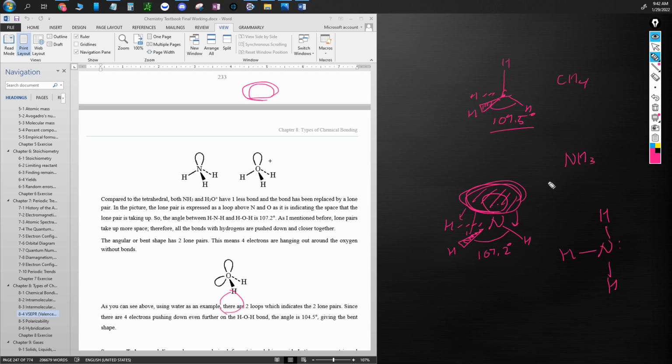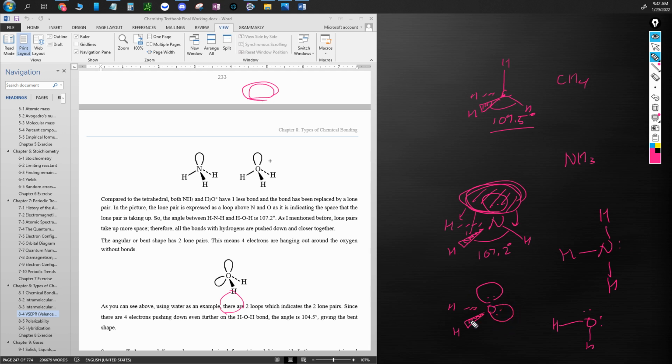Another example we can give is water. Water has 2 lone pairs instead of 1, and that is taking another hydrogen away. So we have an oxygen here, and we have 2 lone pairs on that side, and on that side.